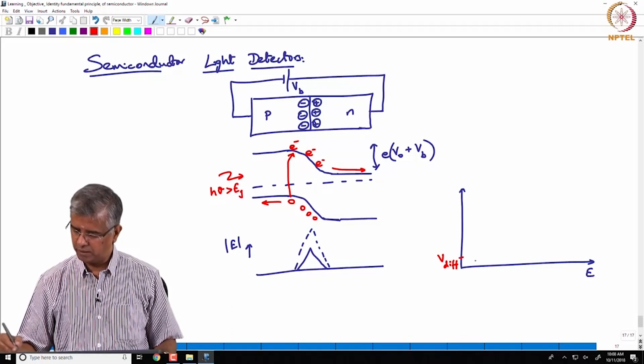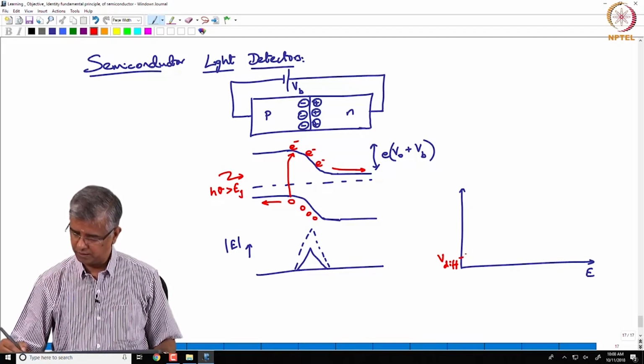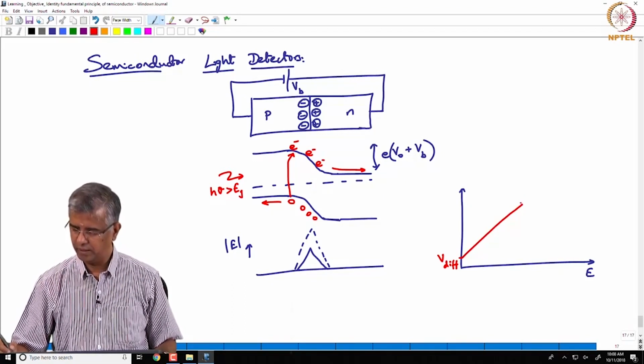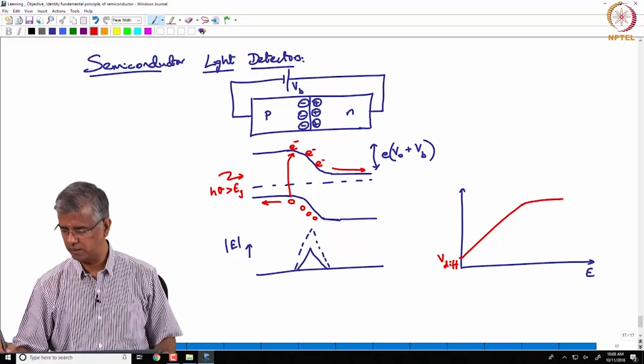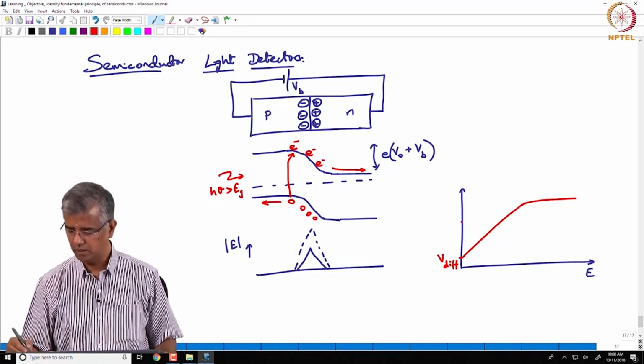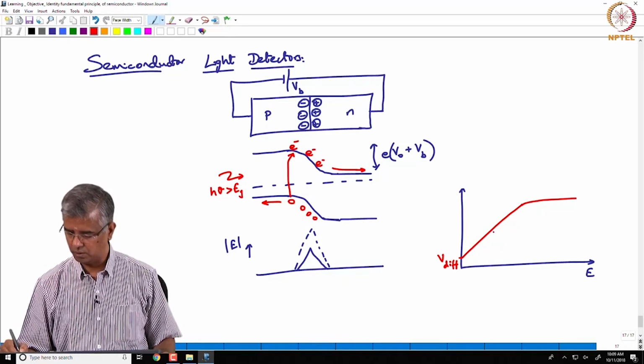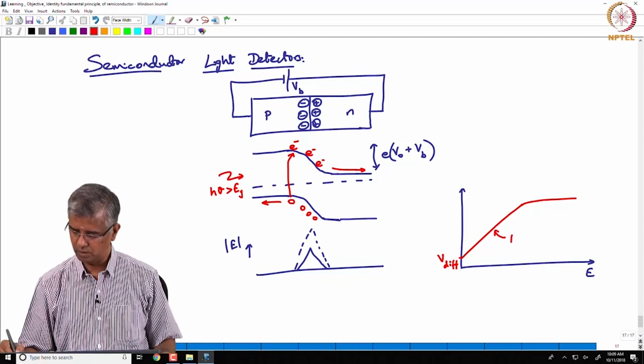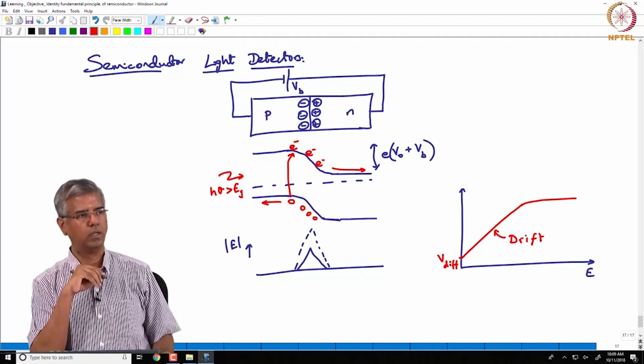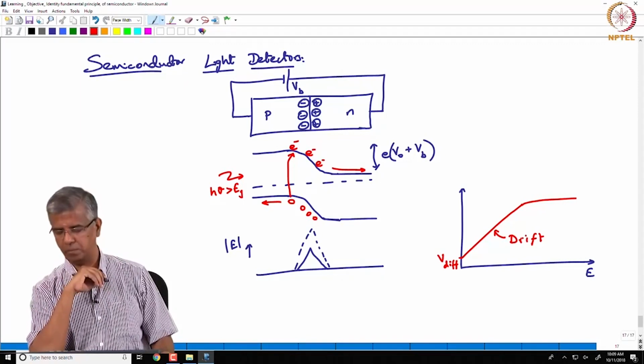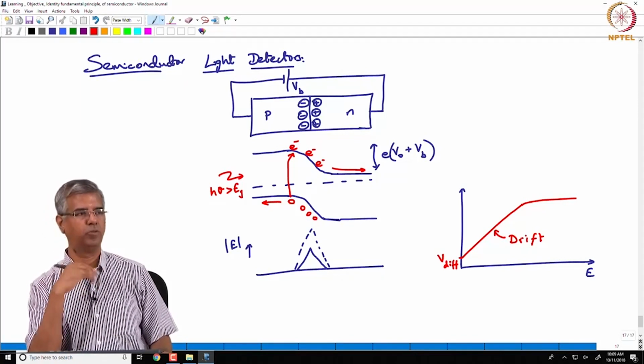But within the influence of the electric field, the velocity actually increases and then it saturates. Okay. So, this is actually what is called drift. So, the drift mechanism happens under the influence of the electric field.